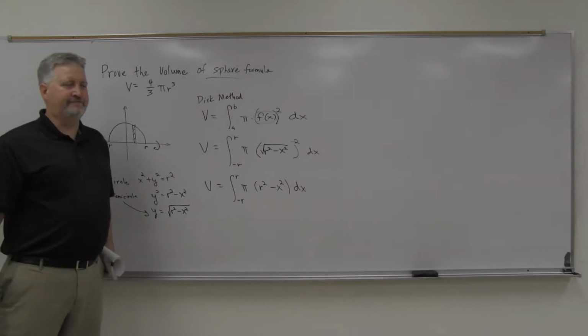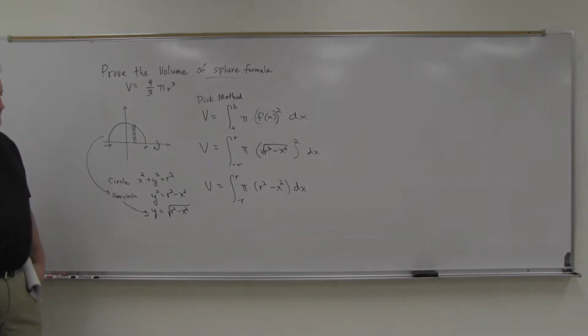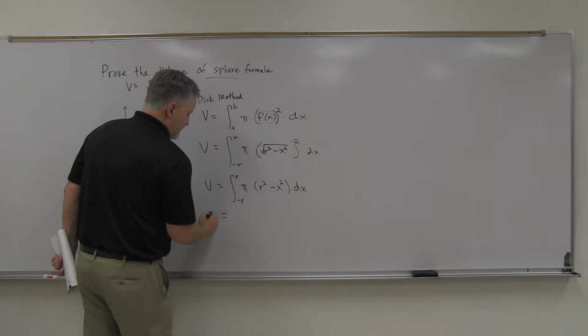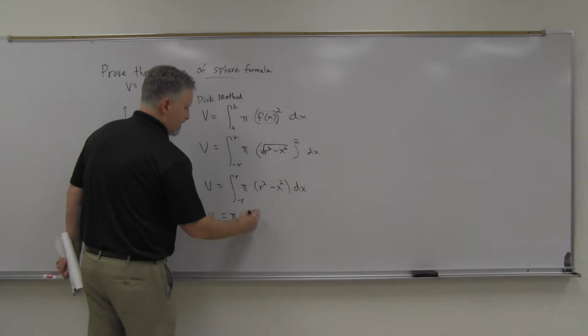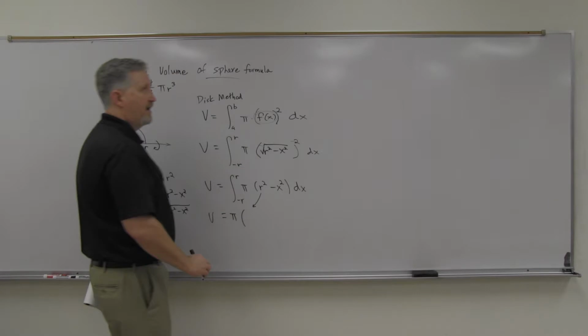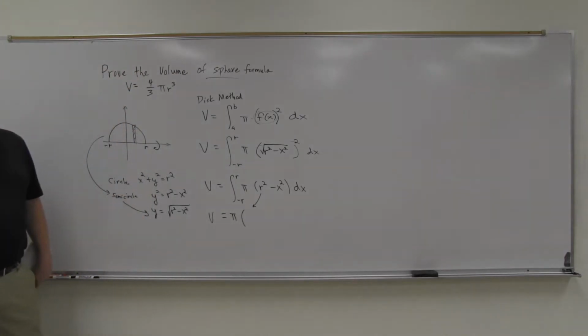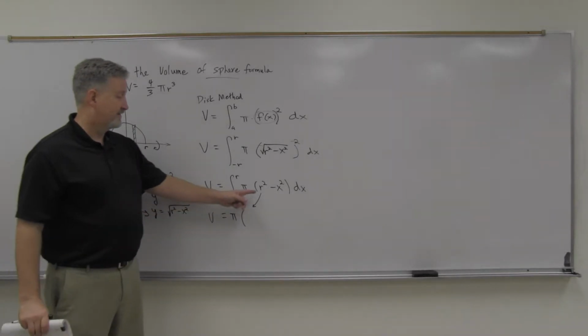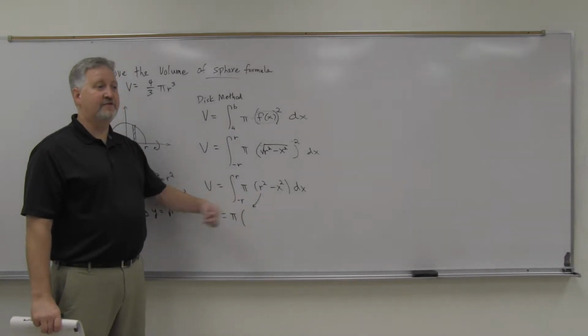All right, now here's the next little thing. I need to do the antiderivative, right? So the volume is going to be pi times the antiderivative of that. R is our number here for the radius. R is just a constant.